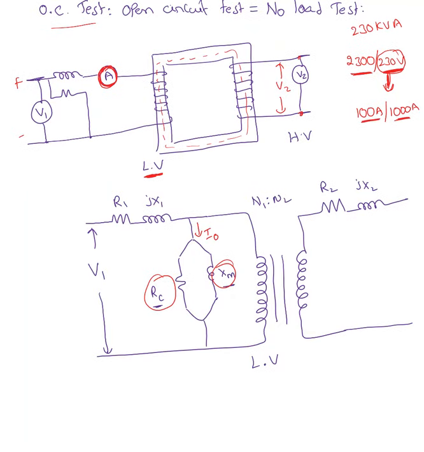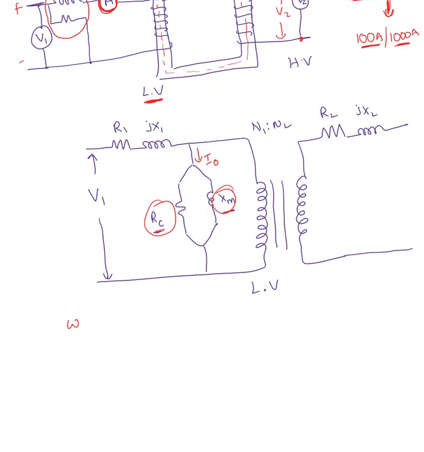By using the OC test, we can find out RC and XM. While doing the OC test, this is a wattmeter. The wattmeter will give you power. Whatever that wattmeter reading is, it is nothing but the iron losses. Why not copper losses?